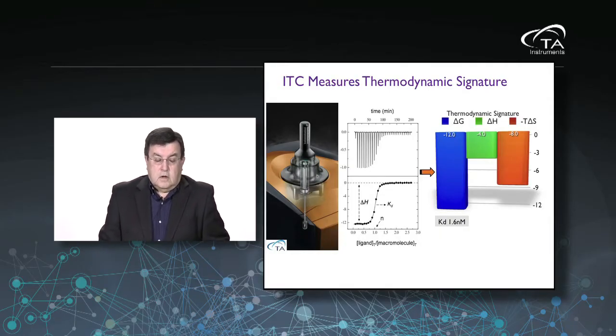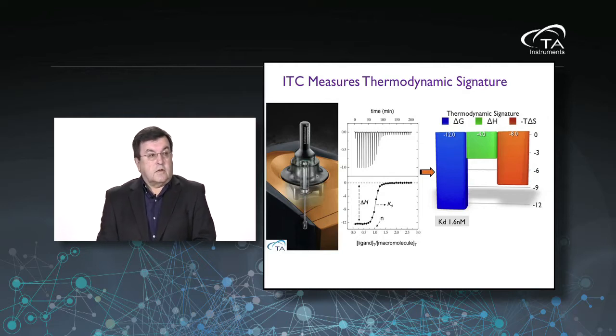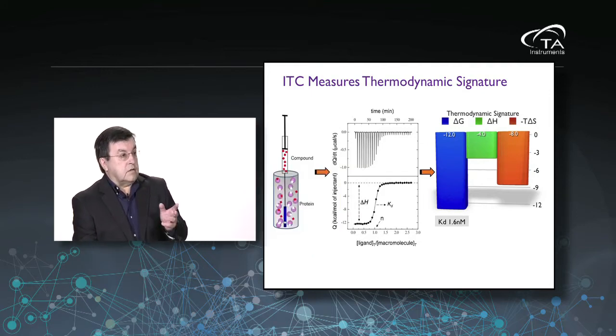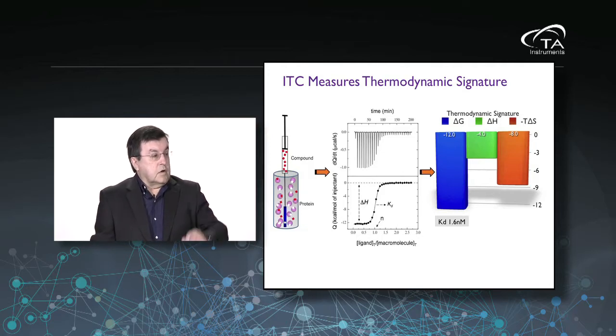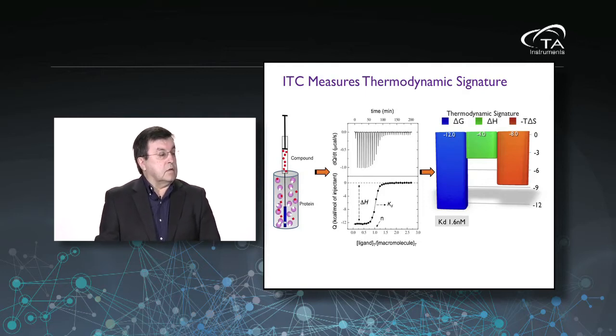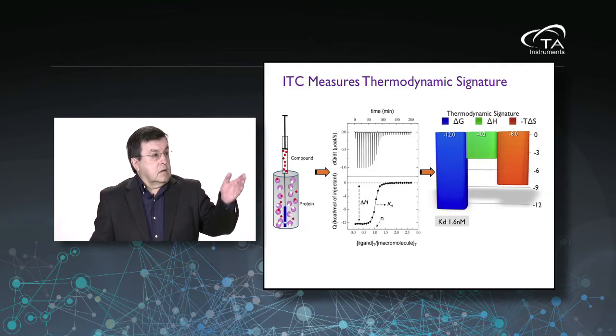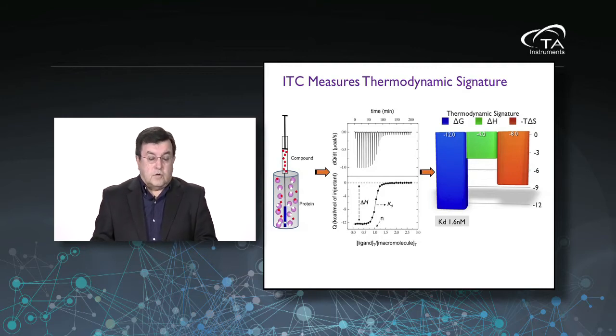First, I should say that the thermodynamic signature can be measured in a single experiment by ITC. As you know, in a typical ITC experiment, the macromolecule is in the calorimeter cell, the ligand or drug molecule is in the injecting syringe, and the titration is made.